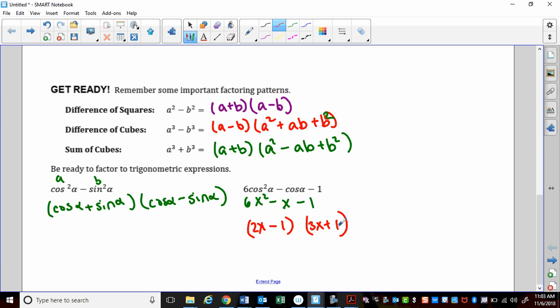Okay, and you can FOIL this to make sure that we're right. I would always check our work. Now I'm going to plug in my cosines because this is not really the correct answer. My correct answer is 2 times cosine of alpha minus 1 times 3 cosine of alpha plus 1. So instead of x's, I just inputted the cosines.